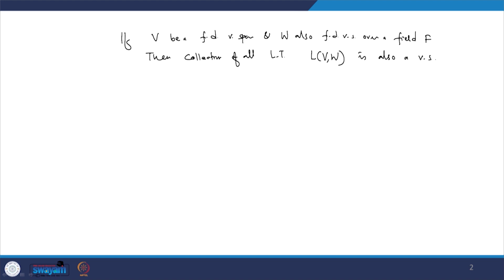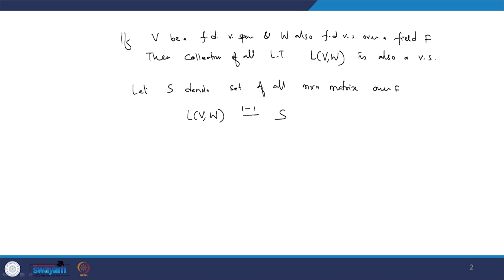Apart from that, we have also seen that if S denotes the set of all m cross n matrices over capital F, then there is a 1-to-1 map between these two sets.